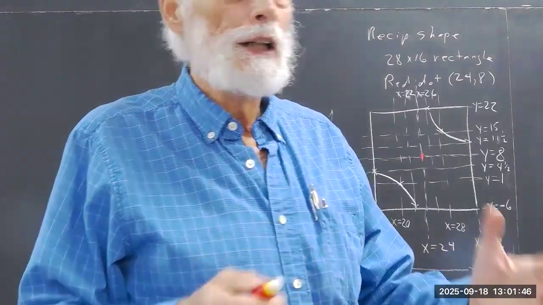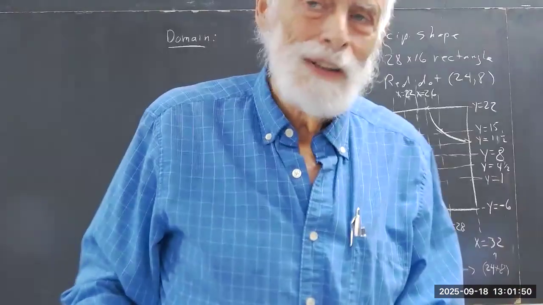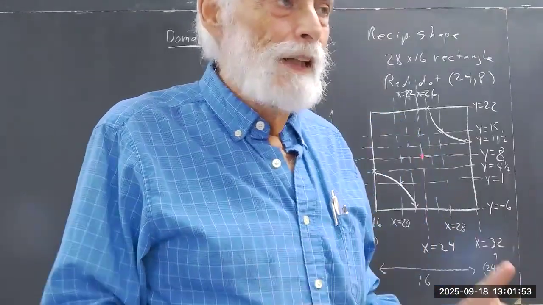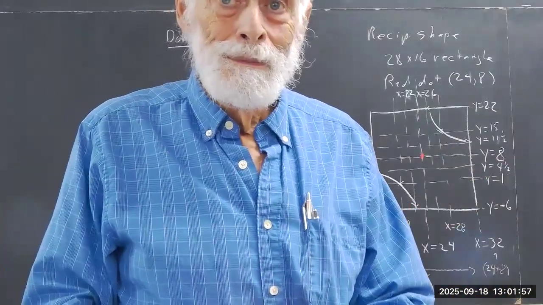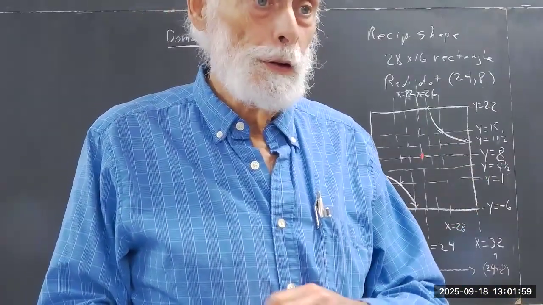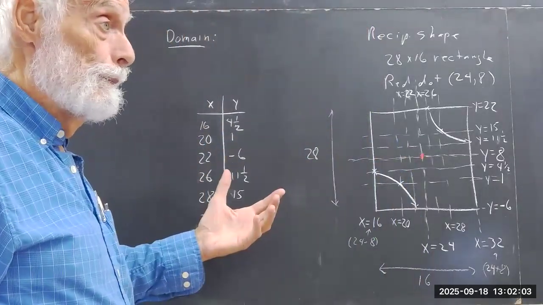I'd say every x value. Now, that's not a complete statement. Every x value that corresponds to a point on the curve. But you should know that it's the point on the curve. And you just say every possible x value.